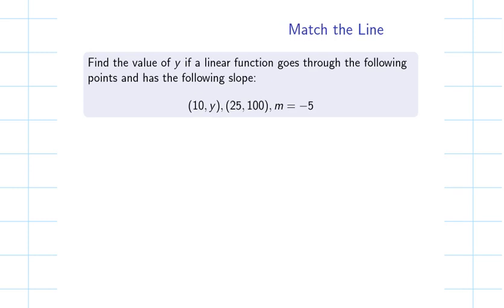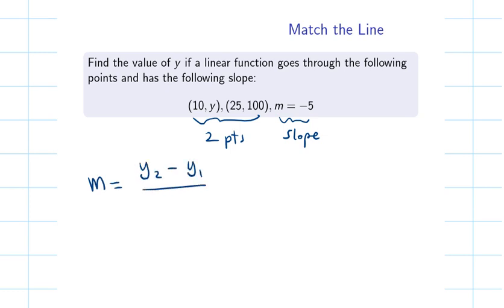Find the value of y if the linear function goes through the following points and has the following slope. So we have 2 points, and we have the slope, and that reminds me of this equation, m equals y2 minus y1 over x2 minus x1.